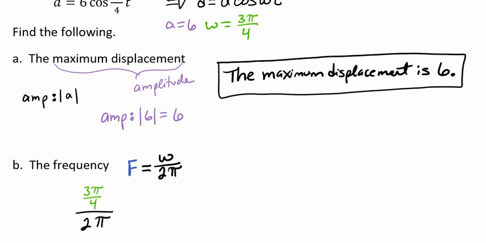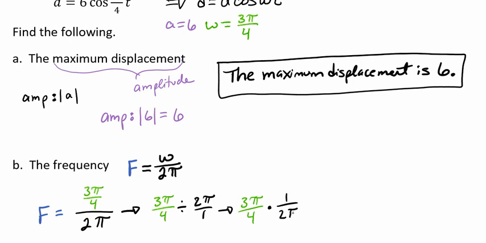What we're looking at here is 3 pi over 4 divided by 2 pi over 1, and we'll keep, change, flip, leaving us with 3 pi over 4 times 1 over 2 pi. Our pi's will cancel out.